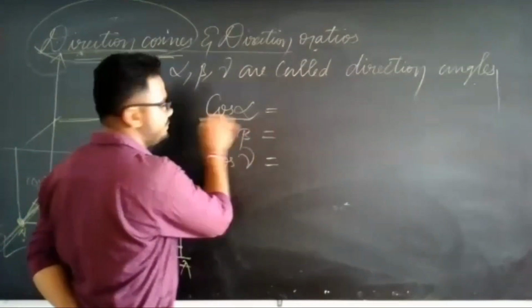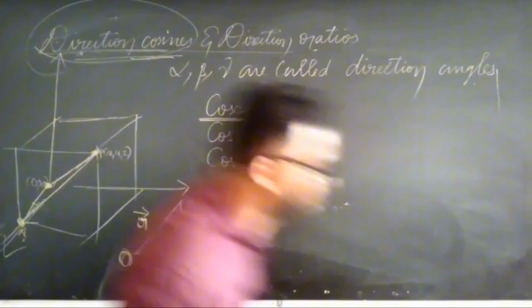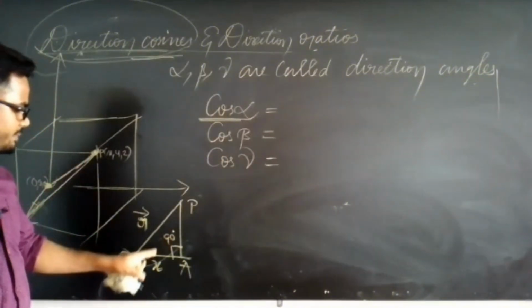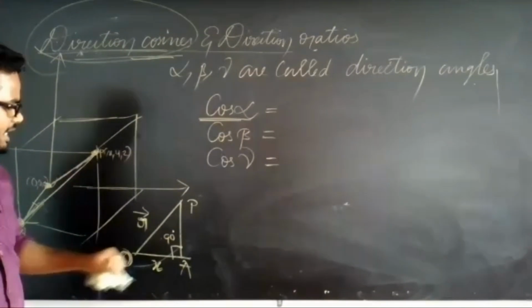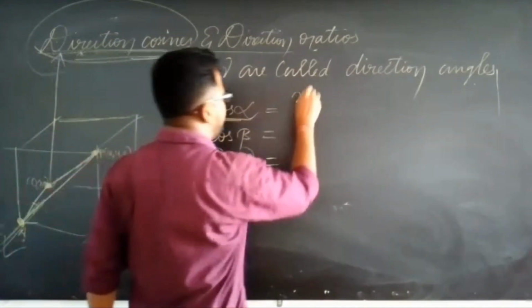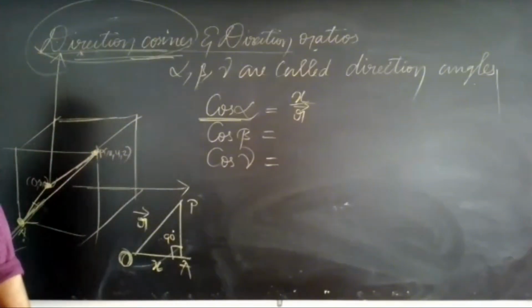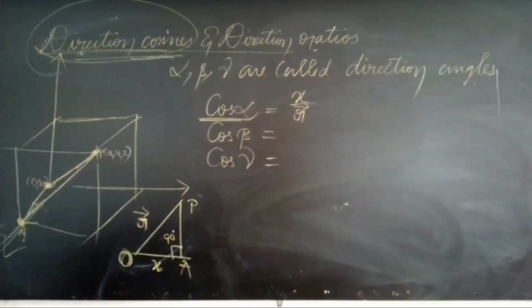Cos alpha is given by what formula? Adjacent by hypotenuse. X by R. We can call that X by vector R.